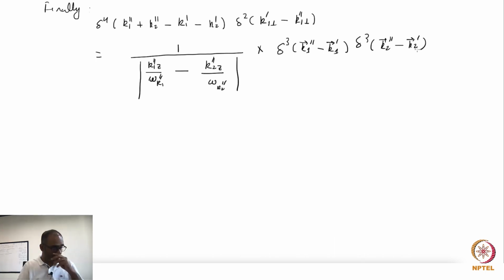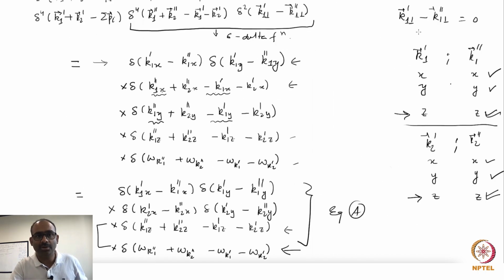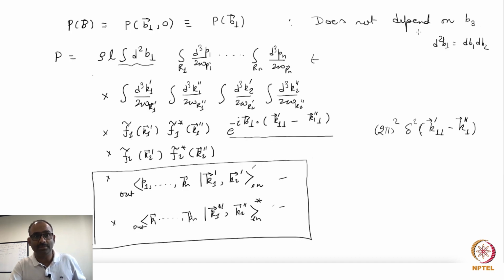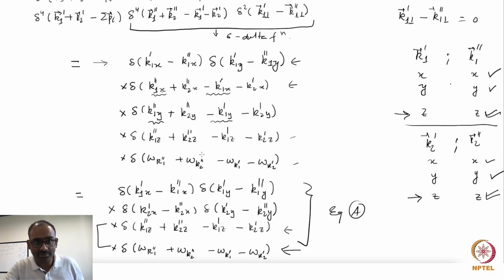Okay, this is very useful because now I can put this in the expression for the probability. So here I have now lots of delta functions and they are all nice and simple now, and I can just do this integral. Okay, so let's first count all the delta functions that we have.